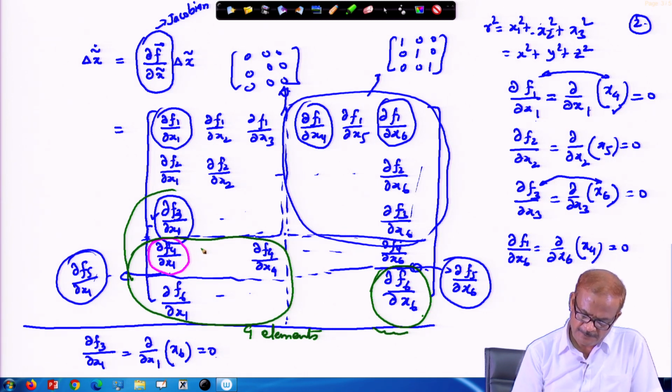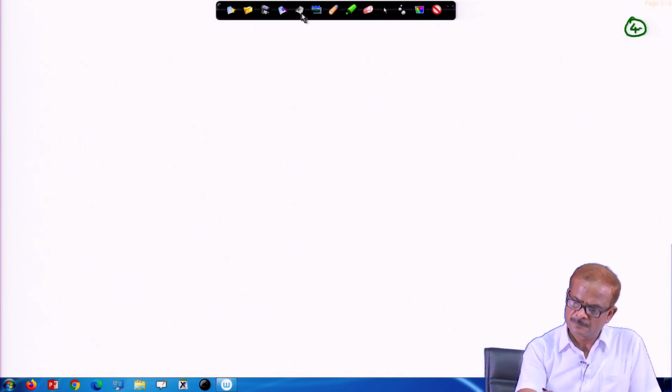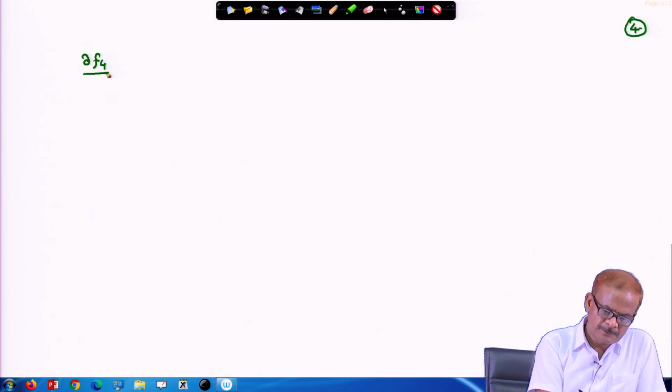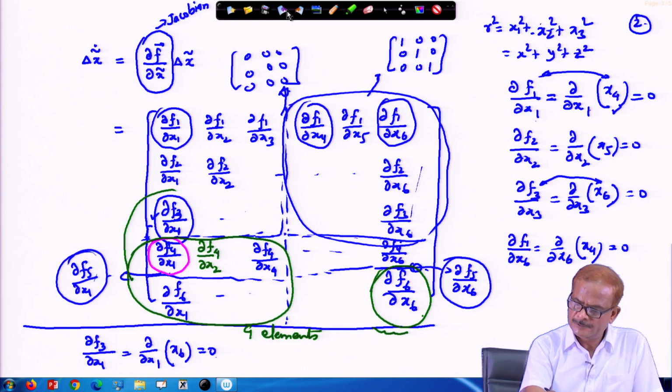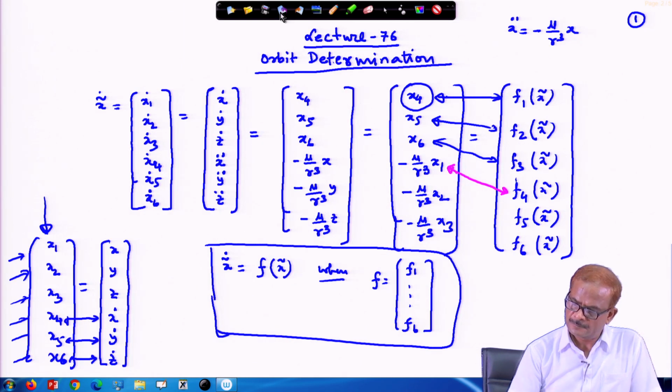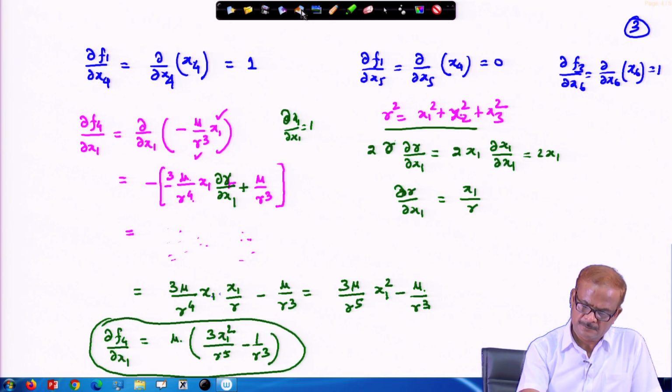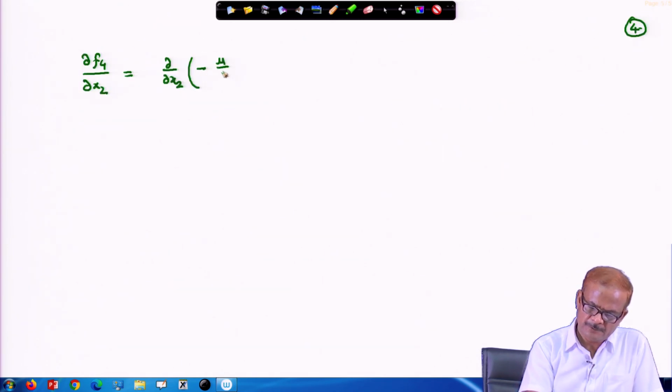∂f4, here the fourth row second element, this will be ∂f4/∂x2. The quantity f4 is minus mu by r cube x1.